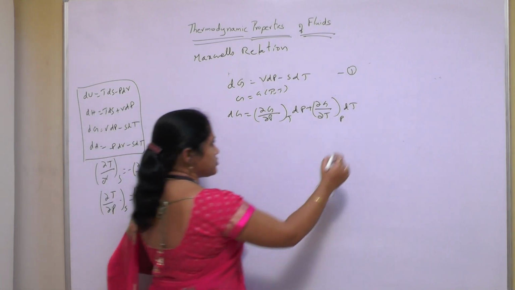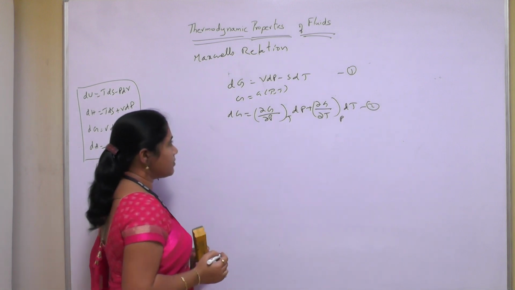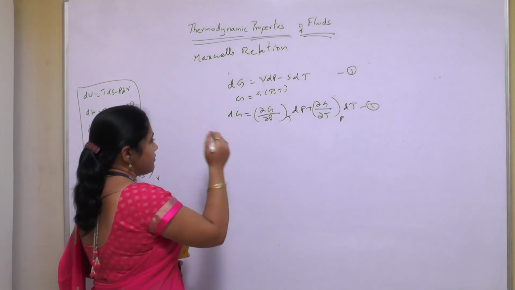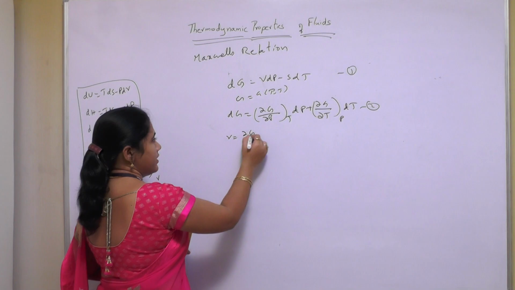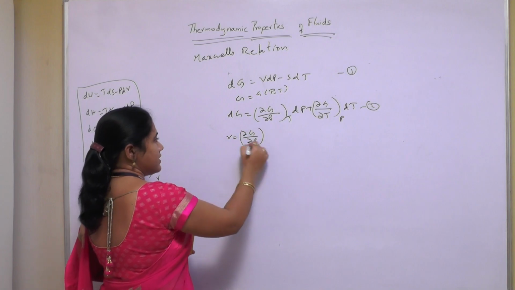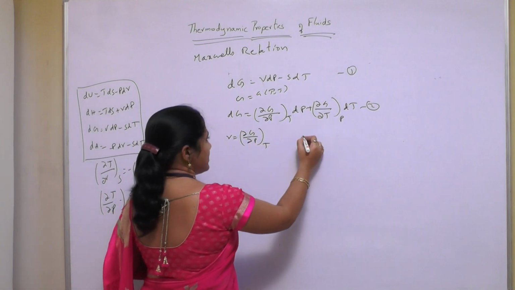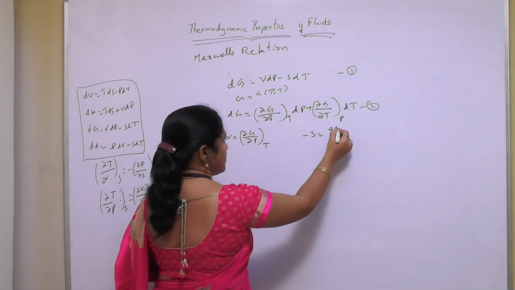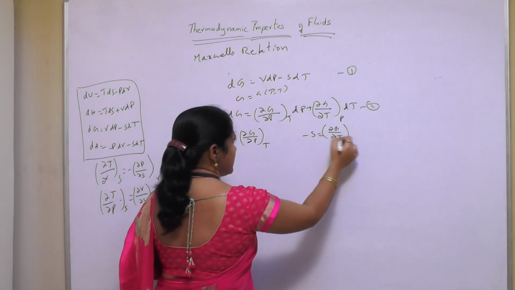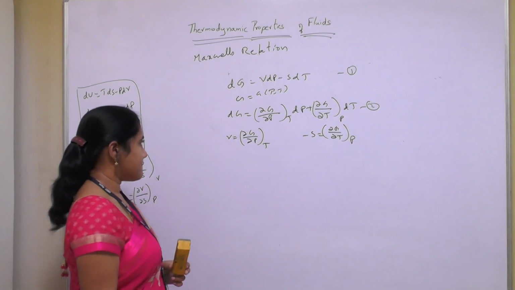By equating these two, V equals (∂G/∂P) at constant T and minus S equals (∂G/∂T) at constant P.